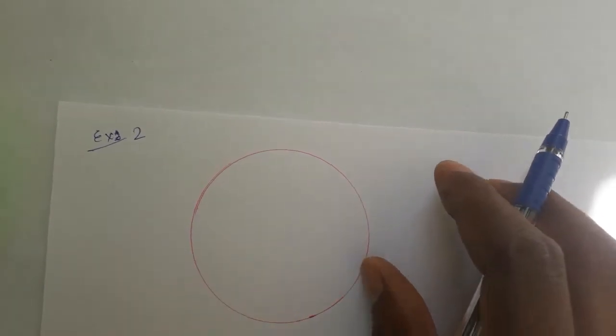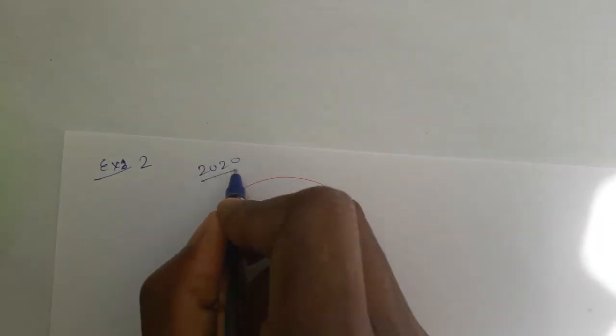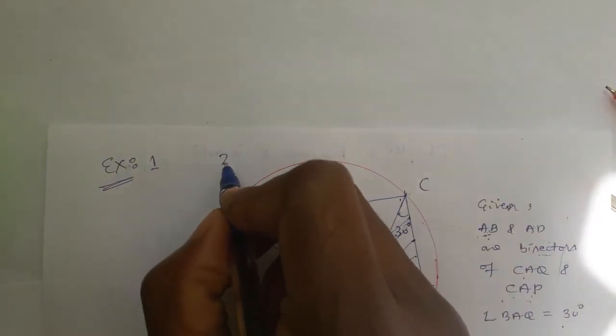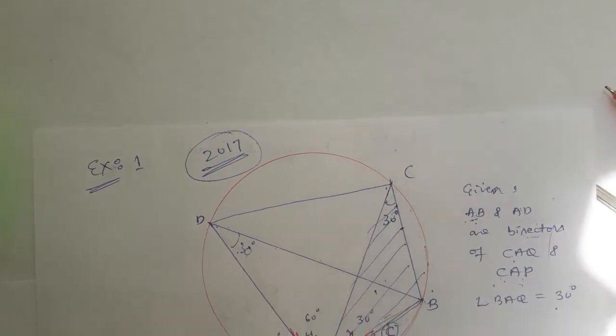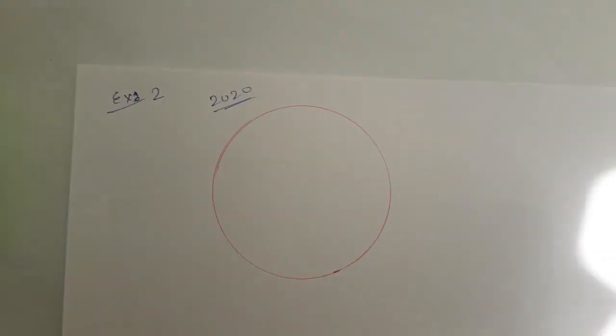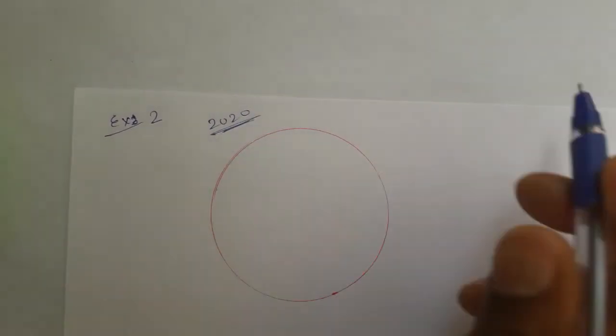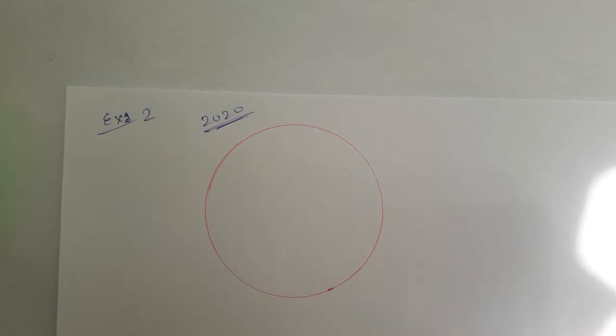This question was asked in 2020, your senior batch. The last problem that I explained was from the 2017 question paper, that was the first one. Now example 2, I've taken a 2020, your senior batch question.